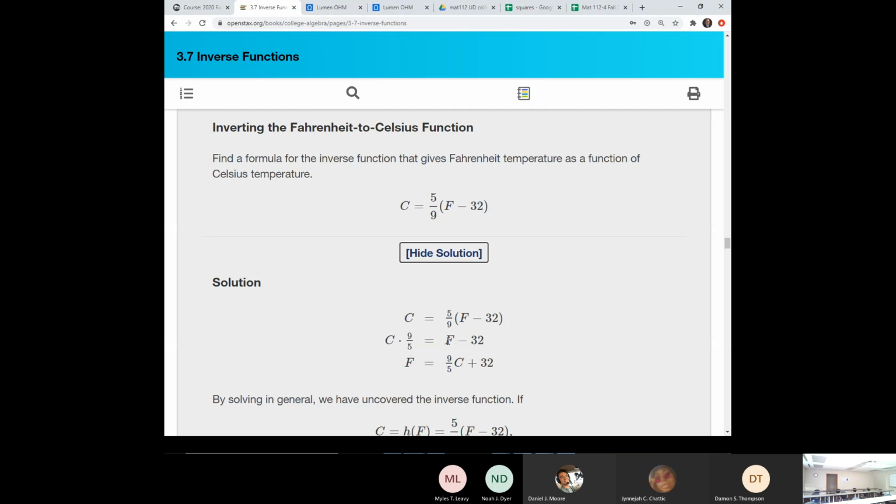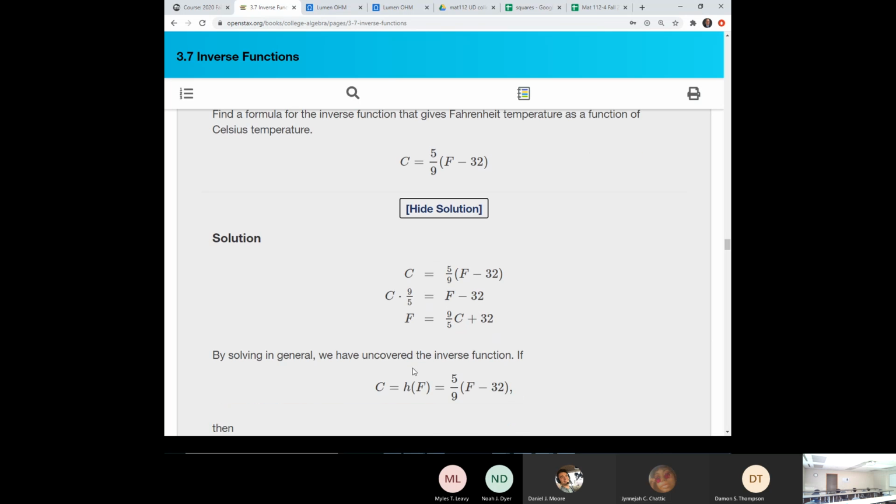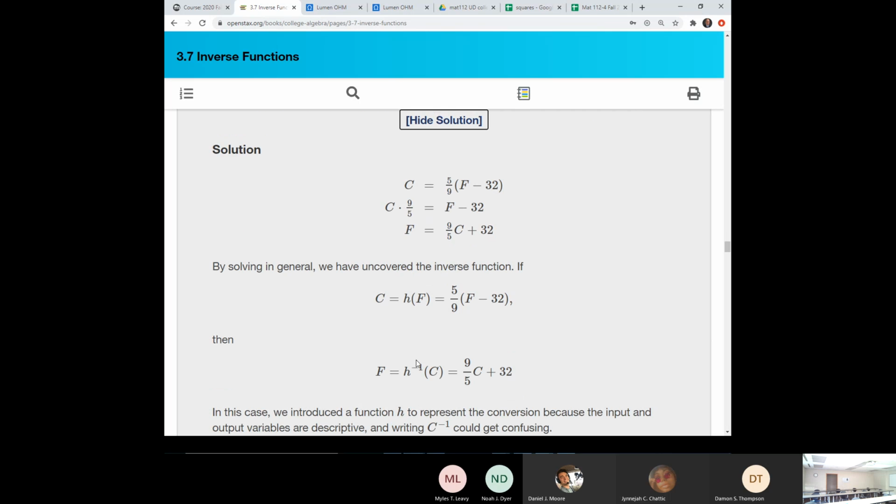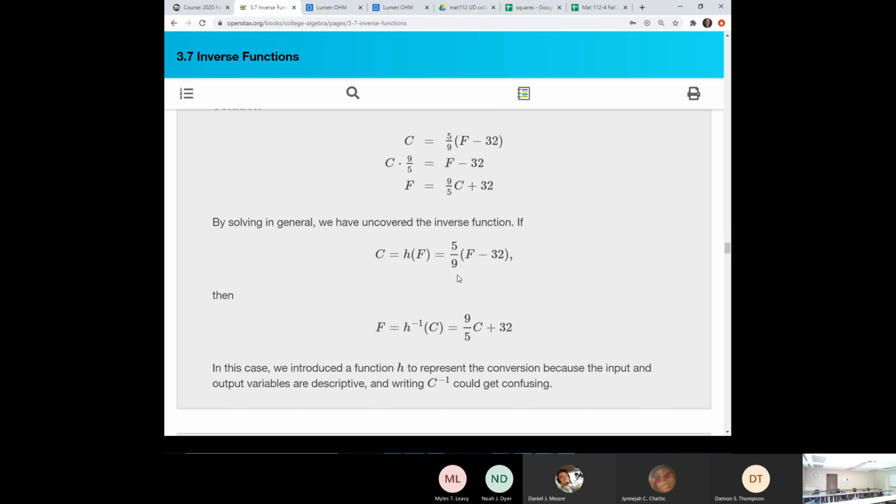I get Fahrenheit by itself, C times 9/5 plus 32, which is what ends up over on this side. And now I've solved for F. If I feed that into the previous function, I see that they actually didn't do the feeding of the reverse. Basically, if I feed Fahrenheit into this function, I get Celsius. And if I feed Celsius into this function, I get back Fahrenheit.